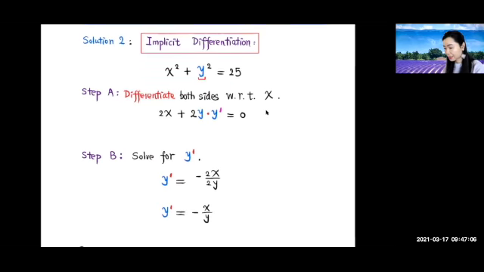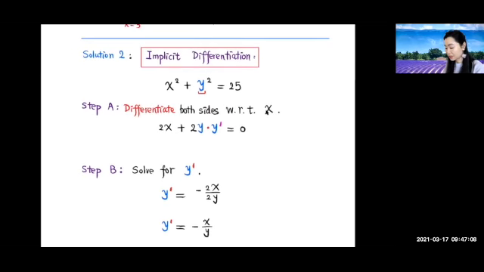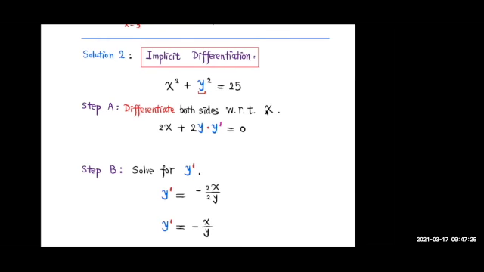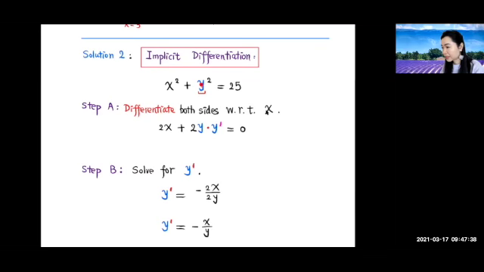This method is particularly useful when the equation is hard to solve for y, or is complicated. Sometimes it's maybe impossible to solve for y. Can you only use it when you have two variables?